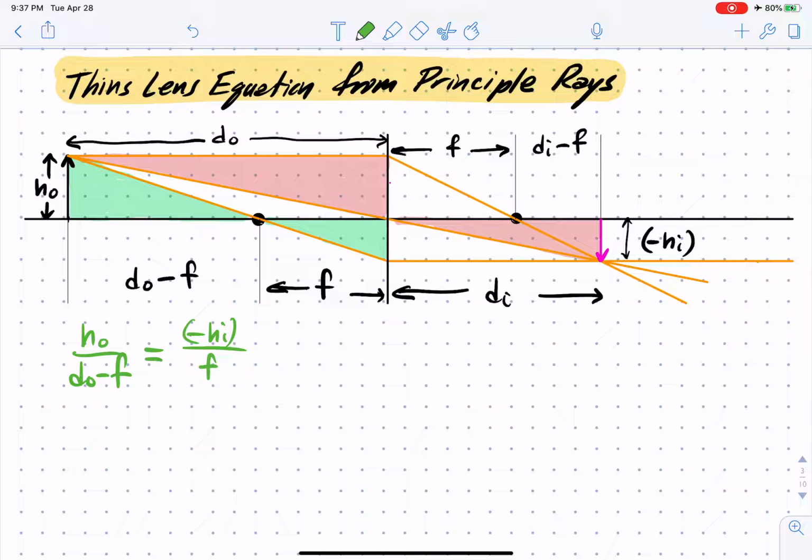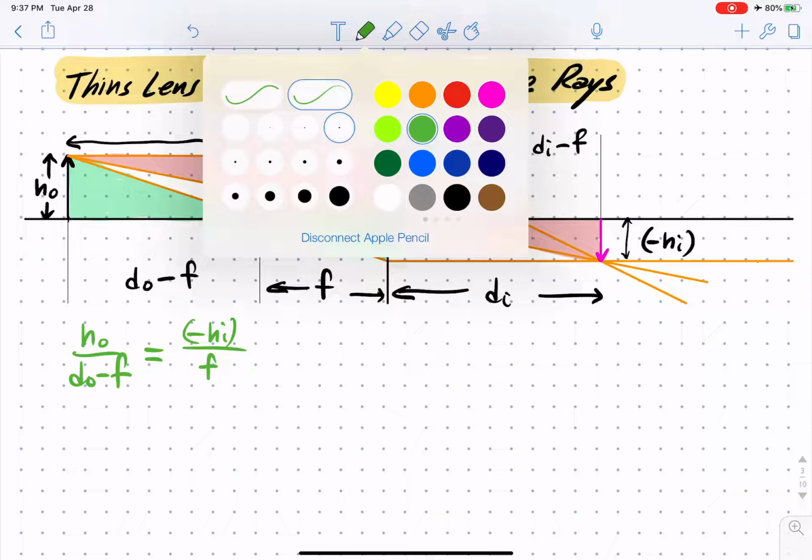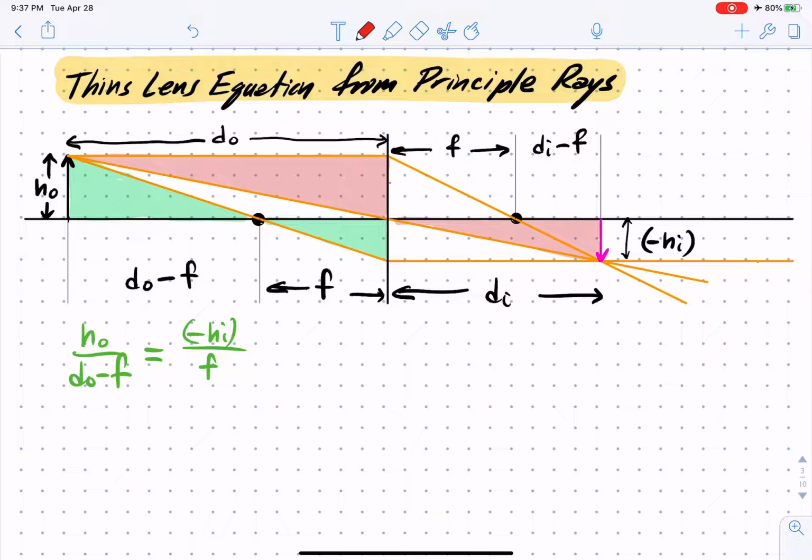And let's do the red one here. So we have HO over DO.